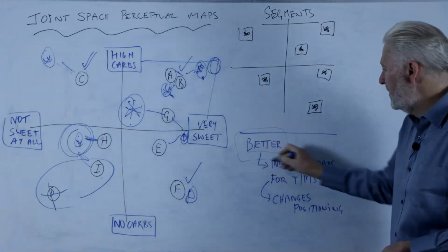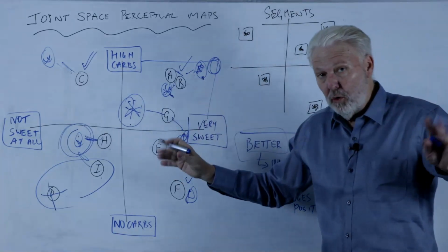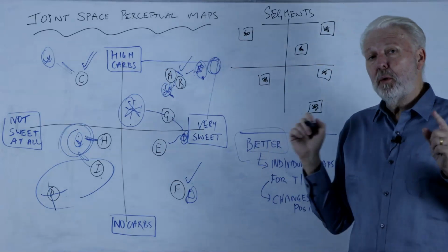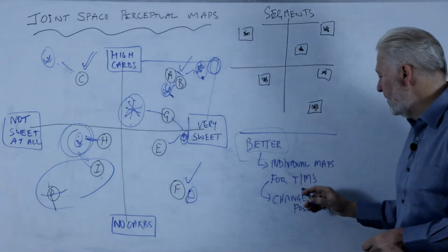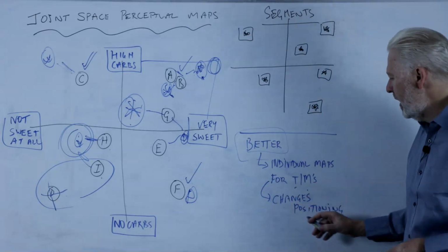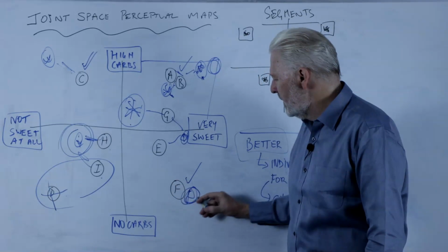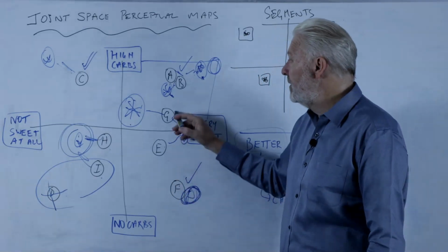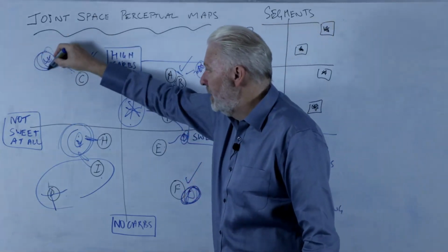Now, just a last tip. We've done this sort of overall. What we could do is construct one of these maps for each segment. The reason is that for each target market I've got there, it changes positioning. The perception of, let's say, this segment down here, they are probably going to see these brands differently as opposed to this segment up here.